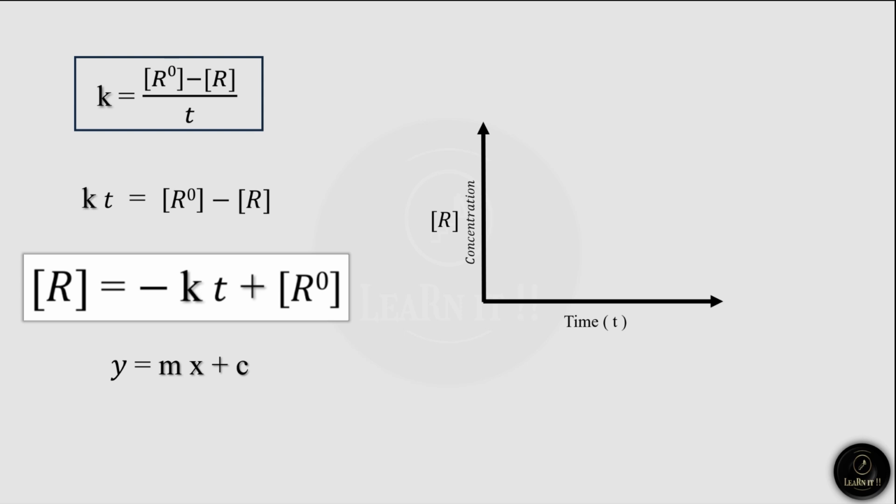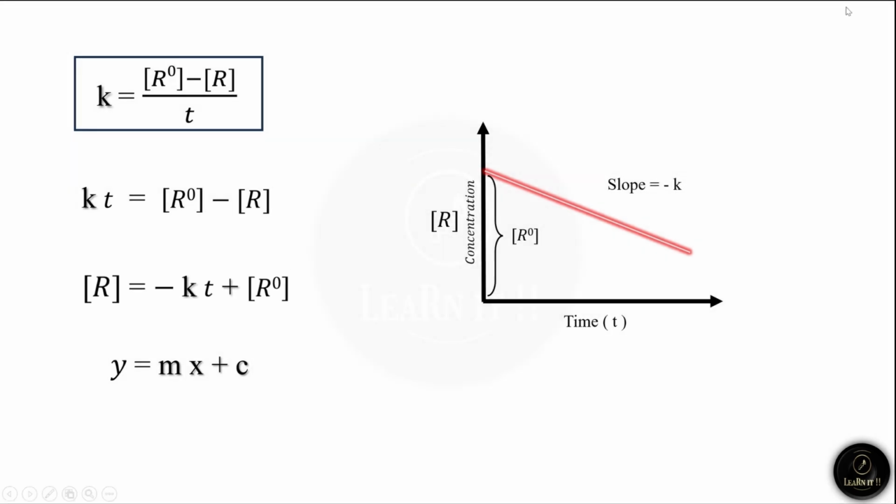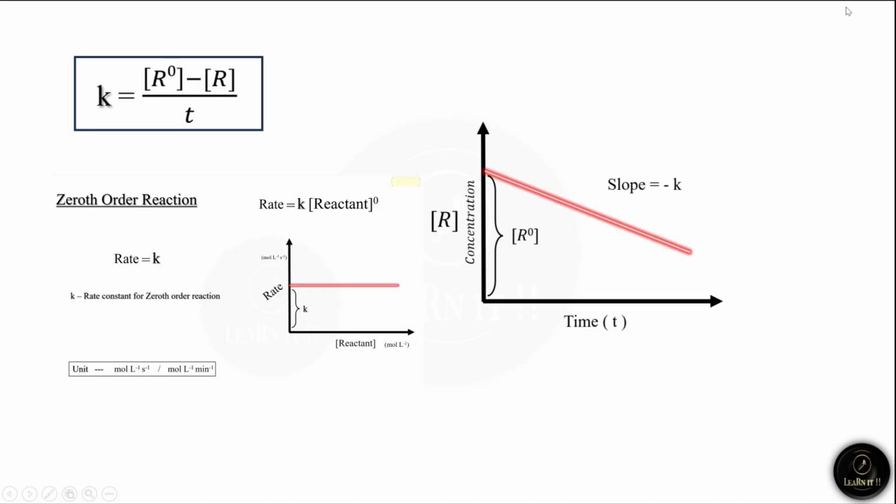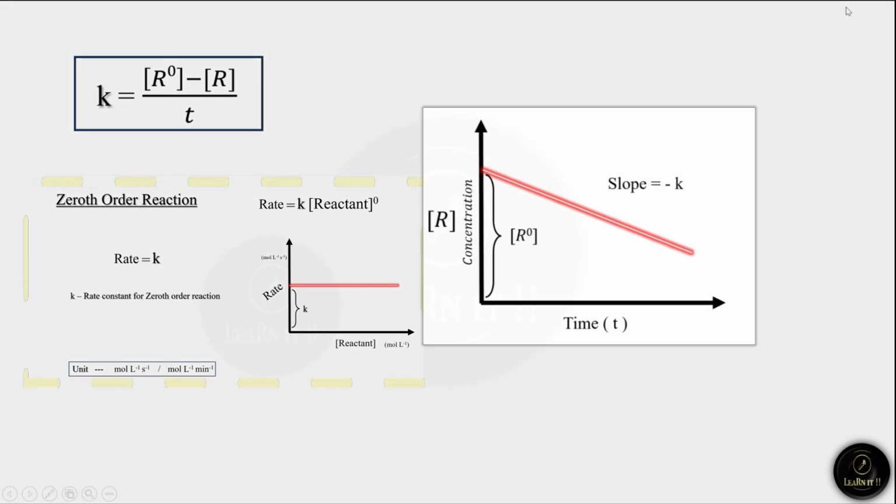If we plot a graph of concentration versus time, we get a straight line where the y-intercept is [R]0, the initial concentration, and the slope of this graph is minus K. Students must remember that before, we discussed a graph of the zeroth order reaction which was rate versus concentration of the reactants. But now this graph indicates the concentration of the reactants versus time.